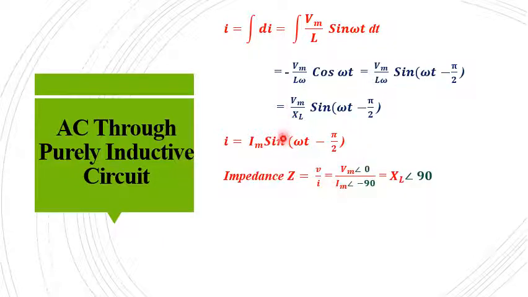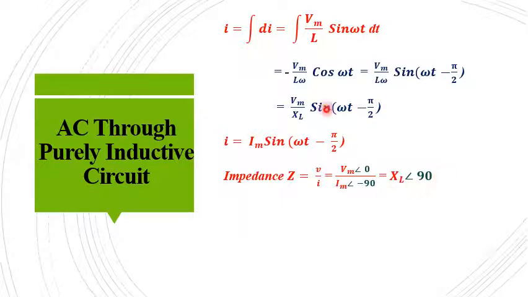Then I is your instantaneous value of current, Im sin omega t minus pi by 2. In polar form, we can write it as Im angle, where the shift is minus 90 degrees or minus pi by 2. So Im angle minus 90 degrees. Then the impedance can be written as Vm by Im. Im, we know, is actually Vm by XL. Substituting that, we get impedance Z equal to XL angle 90 degrees.